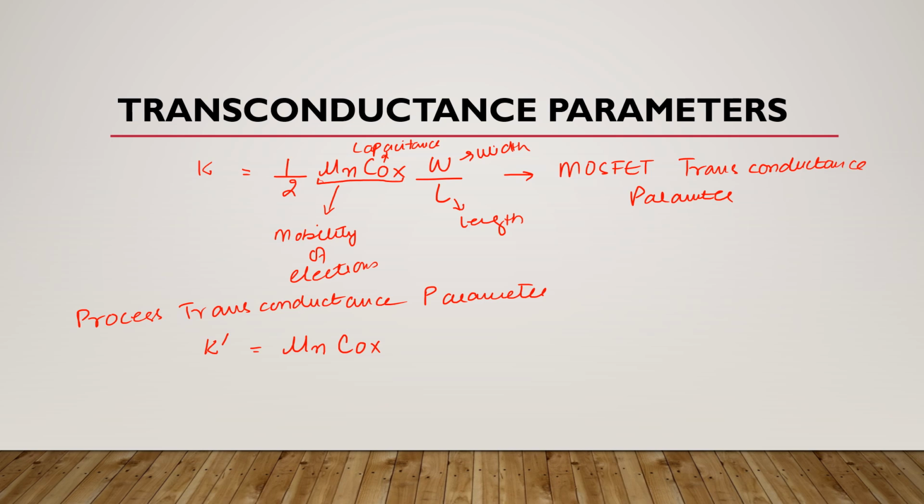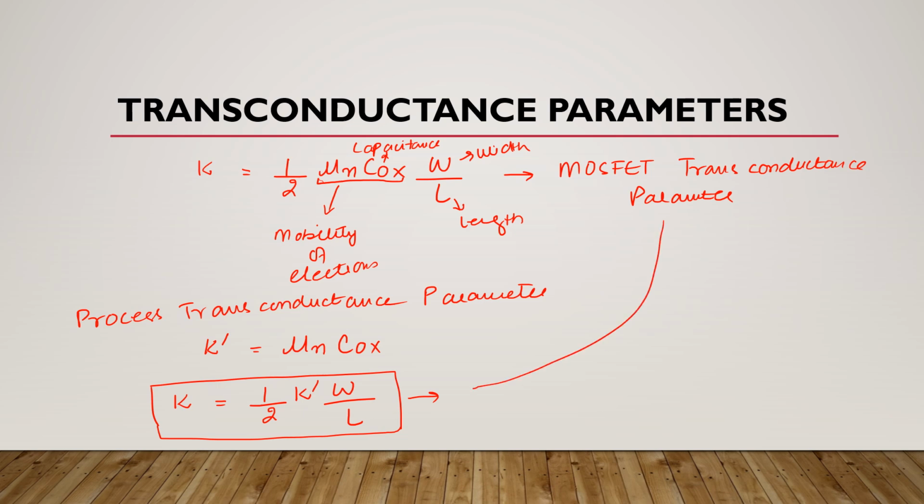It means MOSFET transconductance parameter can be written as K is equal to half K dash W upon L. Okay, so this is the simplified form of MOSFET transconductance parameter.